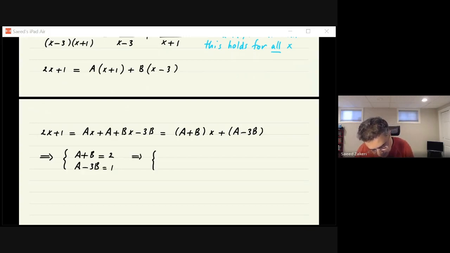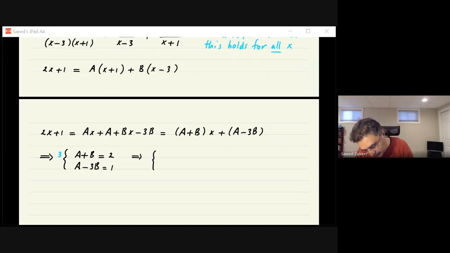And what does that tell you? This is a simple system of two equations and two unknowns. For example, if you multiply the first one by 3, and then add the two equations, 3B and minus 3B will cancel out. 3A plus A, that's 4A equals 7.